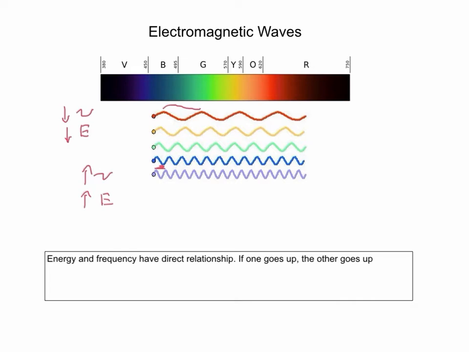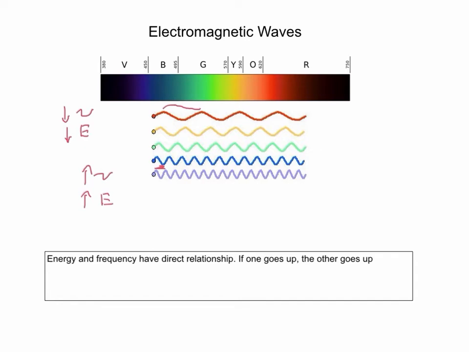Now let's look at another relationship. Let's look at the relationship between wavelength and frequency. So we said that our violet wave, our high energy wave, has a high frequency. But if we look, it has a very short wavelength. If we look at the red wave, it has a very low frequency, but it has a long wavelength.